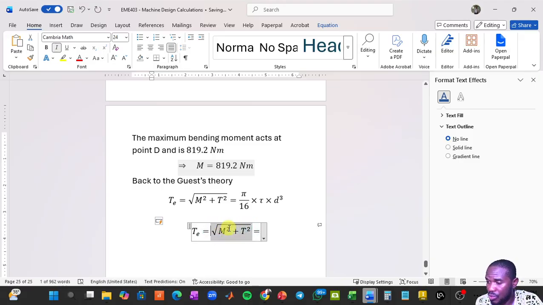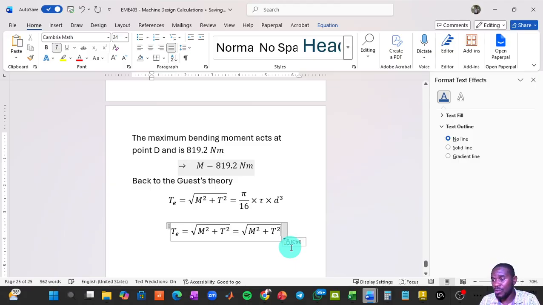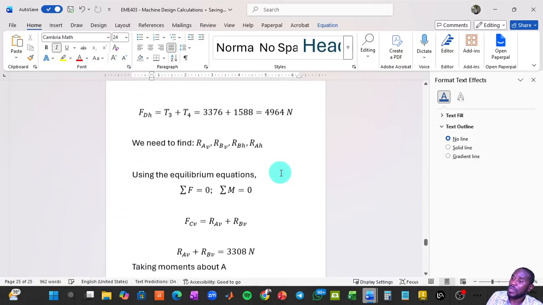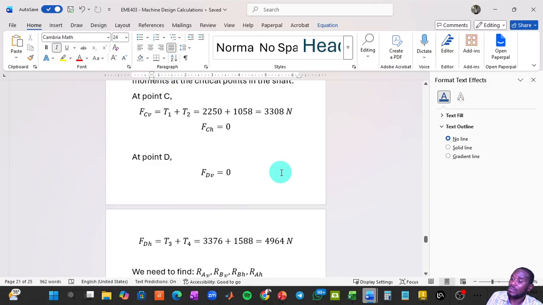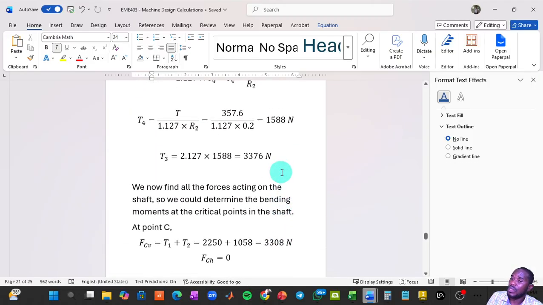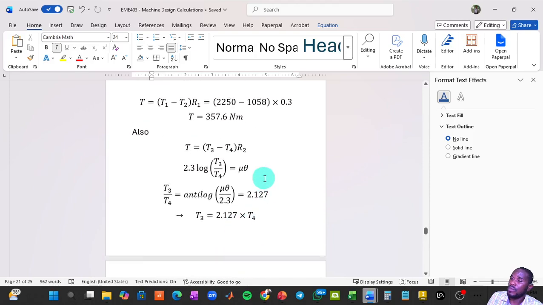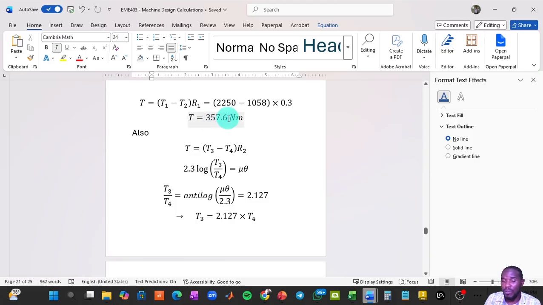Do you remember what the value of our torque was? Let's come find our torque and we'll come back. The bending moment is there already. The torque T was, where are you? Here, 357.6.